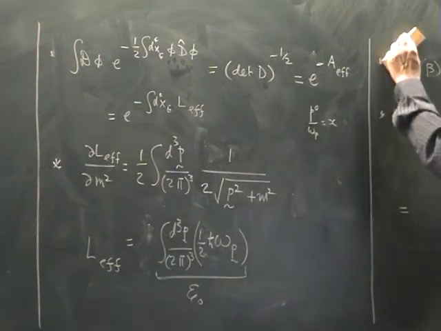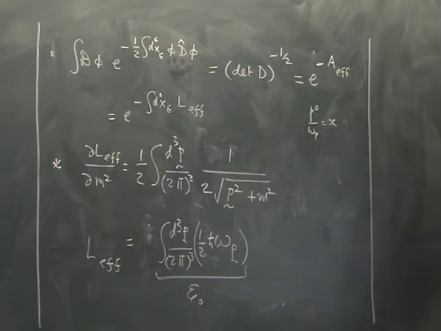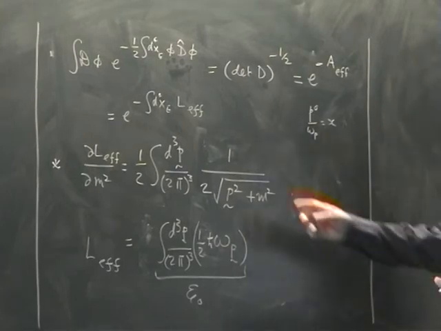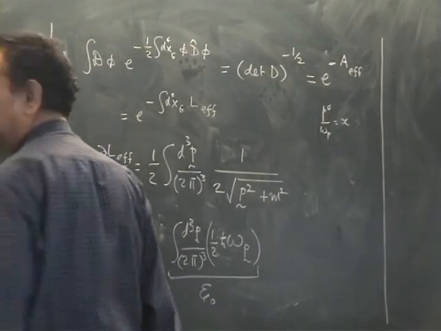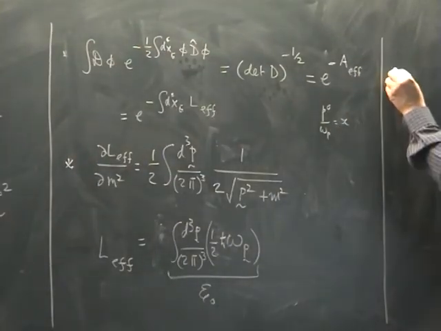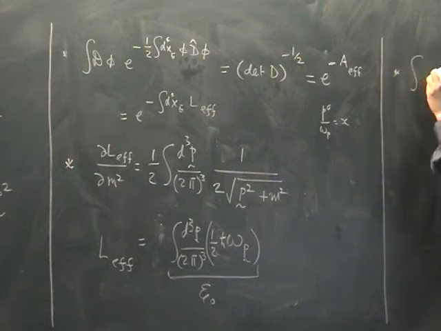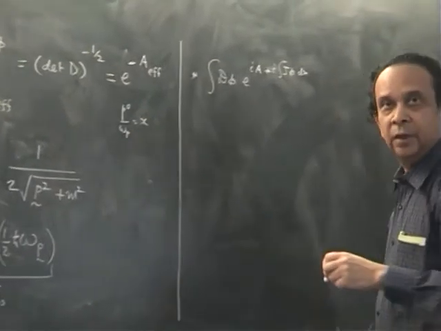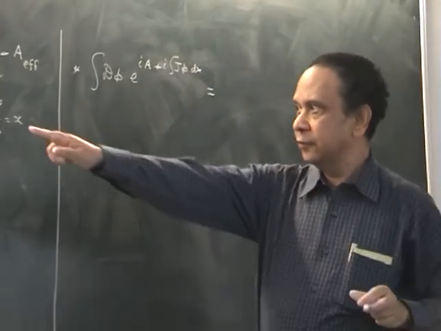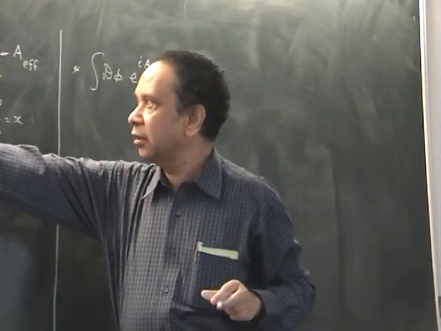Okay. So now we go back and write it down in that expression. So what we find is that this determinant of D to the minus half, which was sitting here, okay, so when you do that integral, that is the left hand side, that is integral over d phi e to the I a plus I integral J phi dx, which is the left hand side, what you get is your determinant of D to the minus half, which is exactly what we have called this quantity.